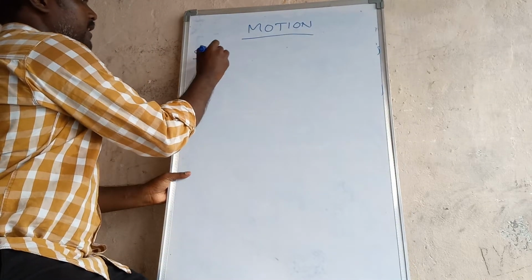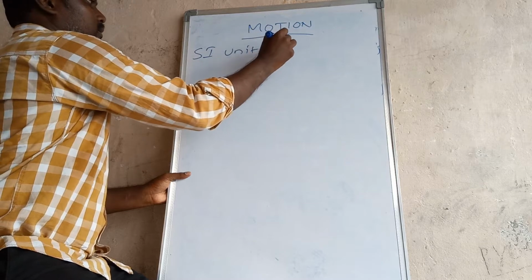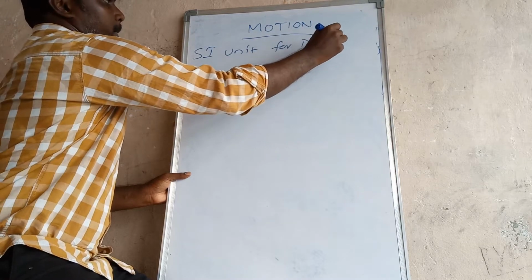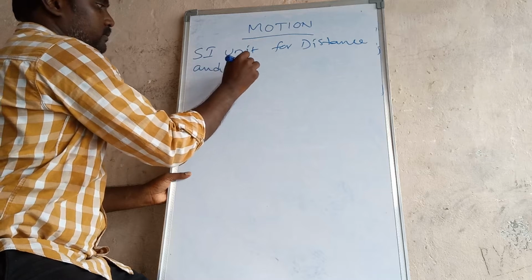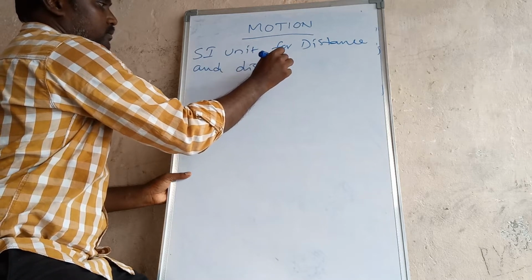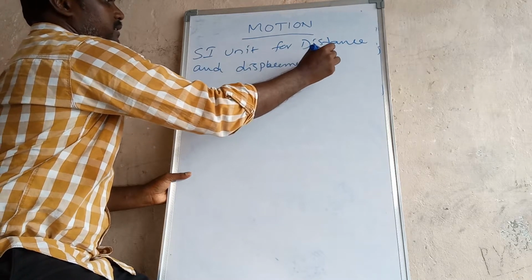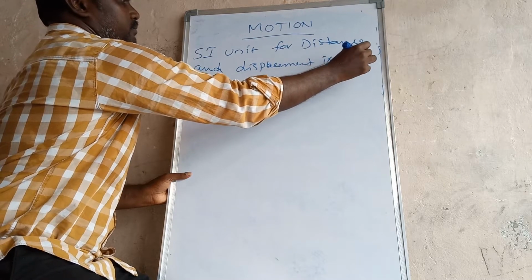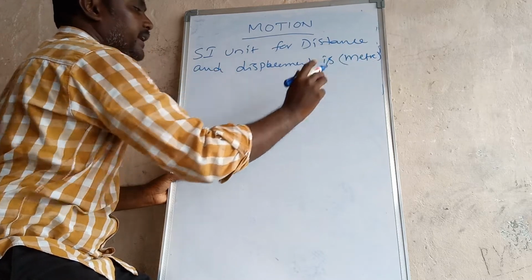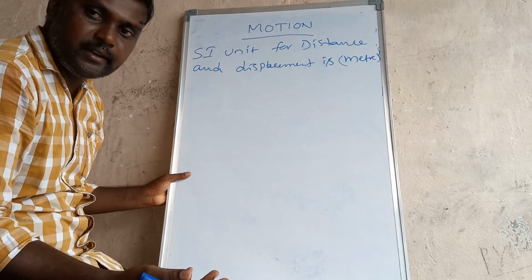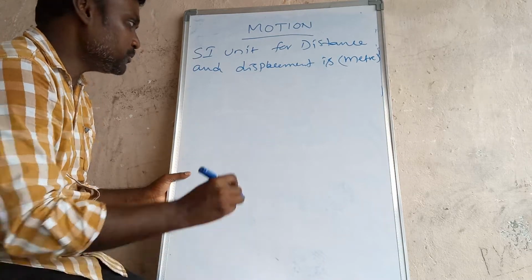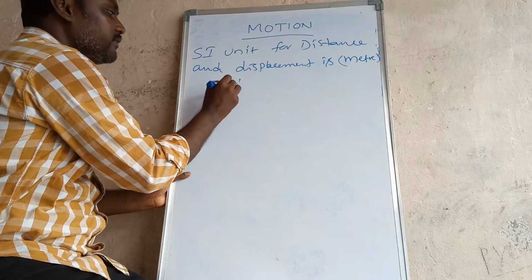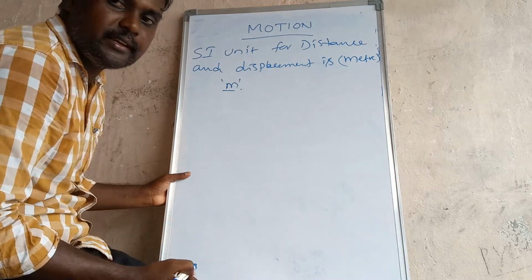Meter has two spellings, METER and METRE. Both are correct, no problem. If you want to indicate it with a single letter, you can use the letter M only.